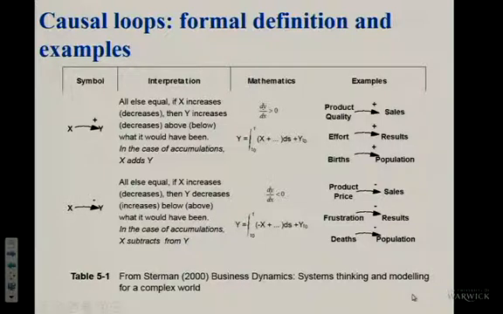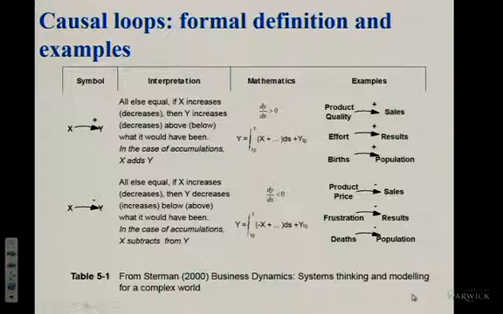So a negative relationship implies that kind of relationship between two variables. A pair of variables is simple to understand, but when you have a full system composed of many variables and many relationships, that's when understanding the behavior of the system becomes very complex.